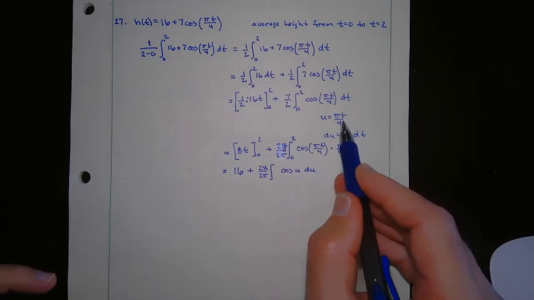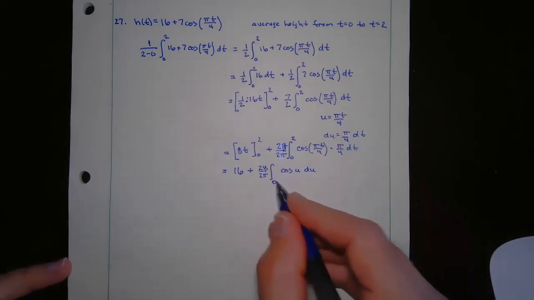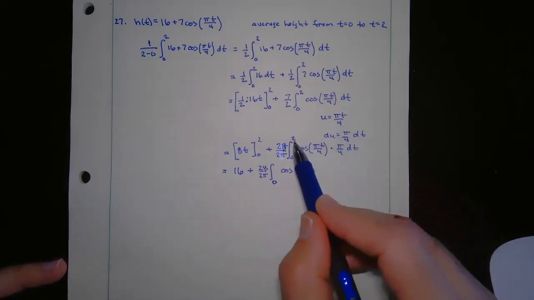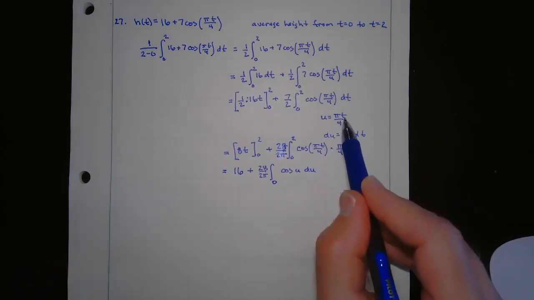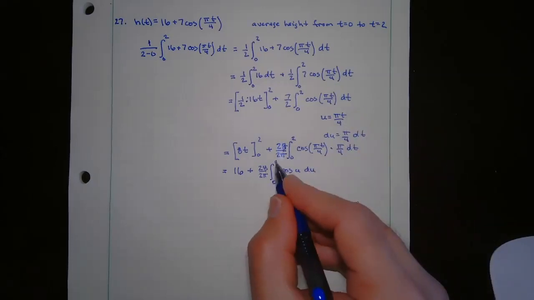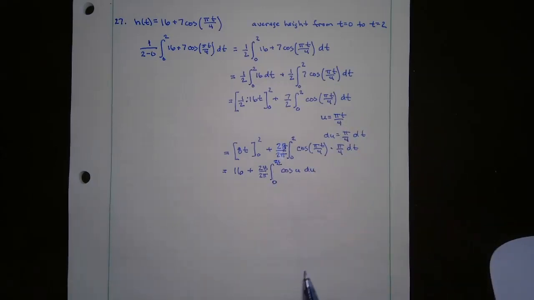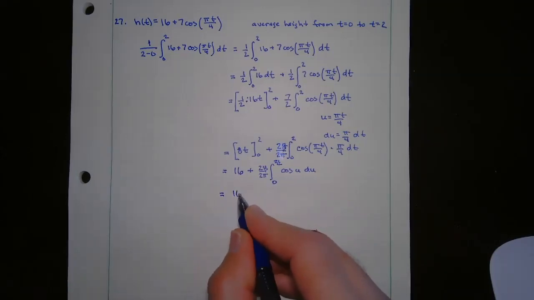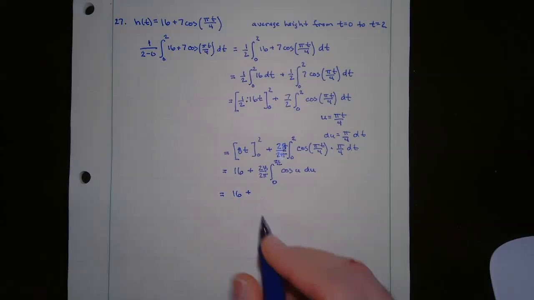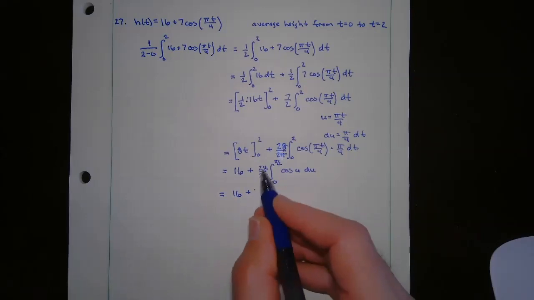So this 0 stays 0, and when I put 2 in for my t, it's going to be pi times 2 over 4, which is pi over 2. Now I'm going to be able to integrate this. So this is 16 plus 28 over 2 pi, or you could reduce this to 14 over pi.